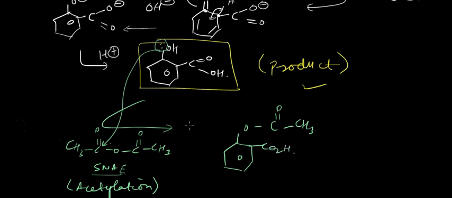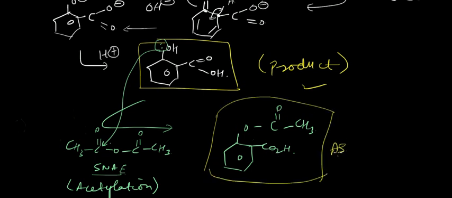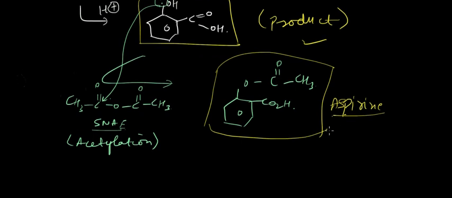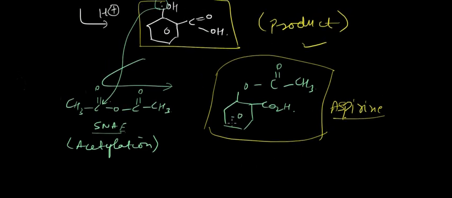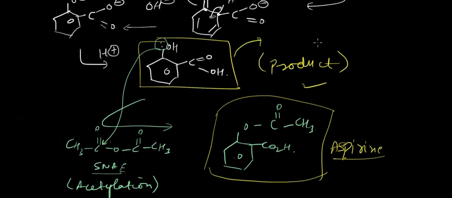Obviously O plus H would be there, and then we'll have a water molecule, and the OH minus from the water molecule will attack on the H plus and will restore the neutral charge on oxygen. So this compound is known as aspirin, which is a drug. Okay, what was the name of the starting compound? I forgot to tell. This is salicylic acid.